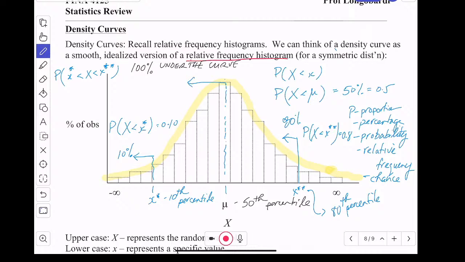What percent of observations are between X star and X star star? Don't add. Just look at it and reason through it. Don't try and remember something that you didn't remember well. Just look at it and reason.